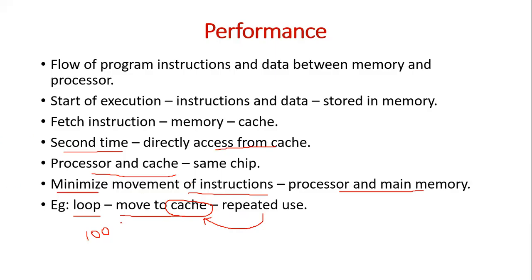It's not only loops: any data or instructions which will be required by the processor several times, used repeatedly, should be available in the cache so that there can be an improvement in the performance of the computer.